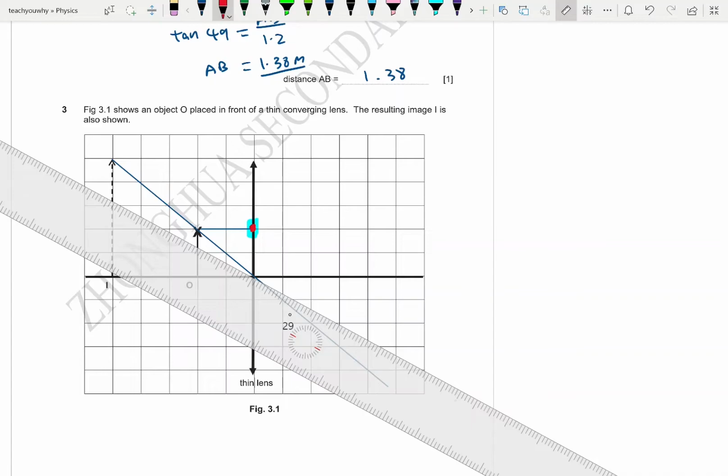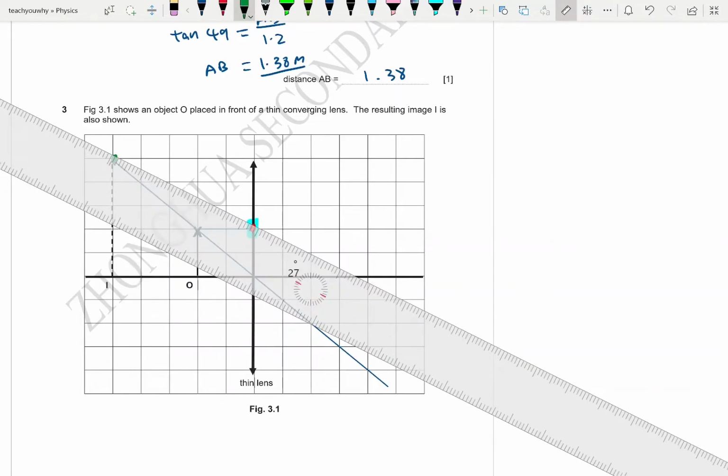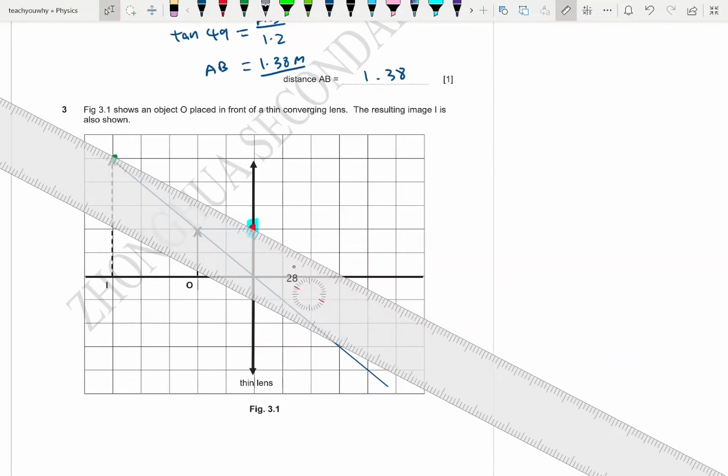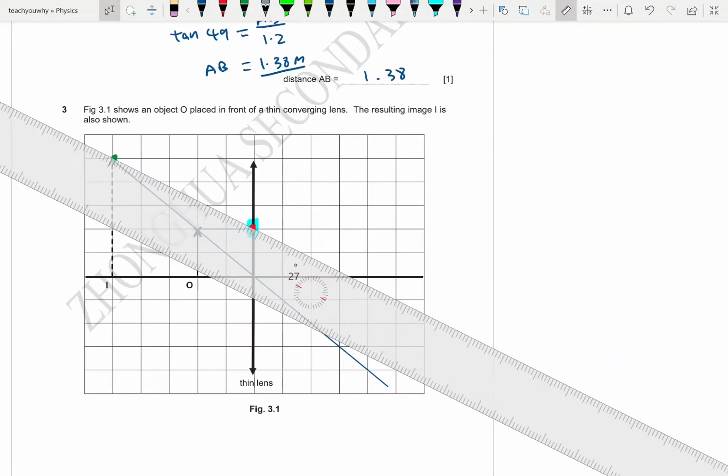So you try to align them. I think something like that. And then we draw a line. Done.